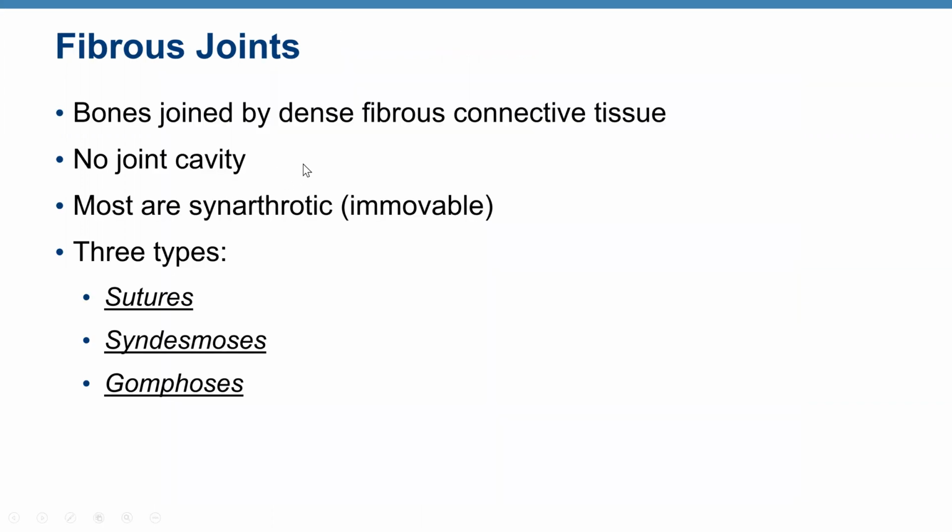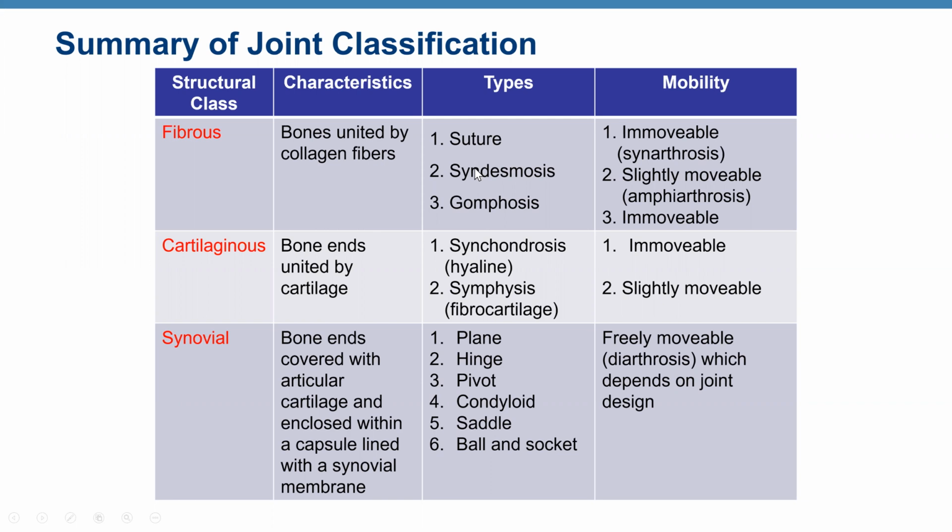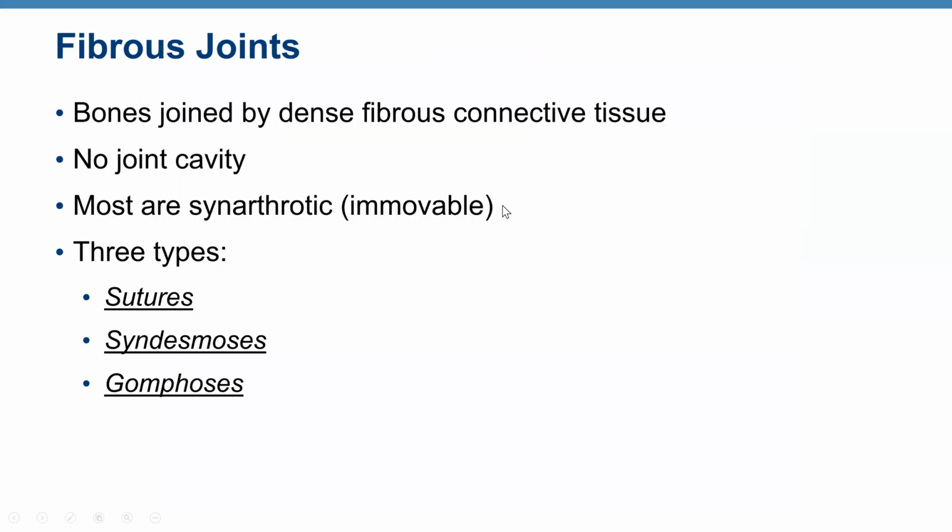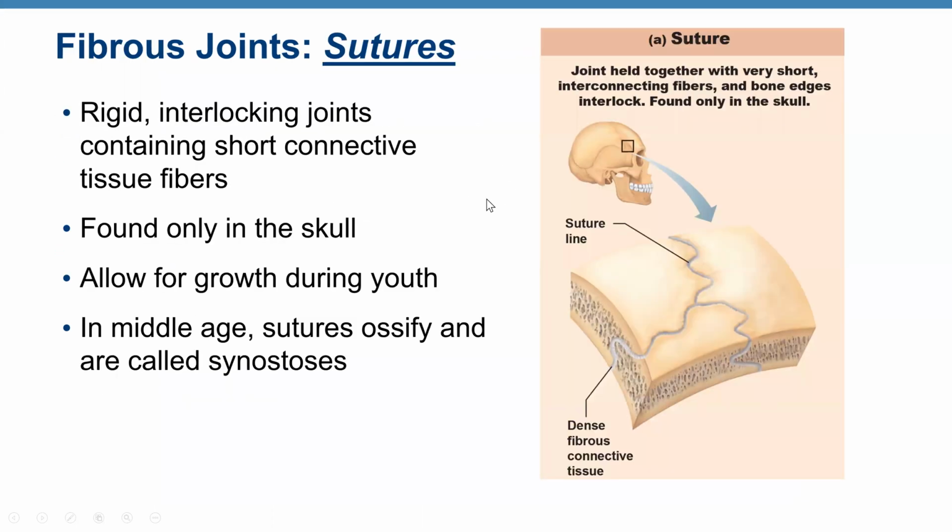So here are our fibrous joints: bones joined by dense fibrous connective tissue, no joint cavity. Most are synarthrosis or immovable joints. We have three types: sutures, syndesmosis, and gomphosis, just like it has over here. Now, suture.